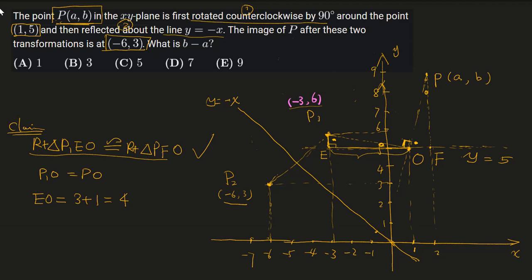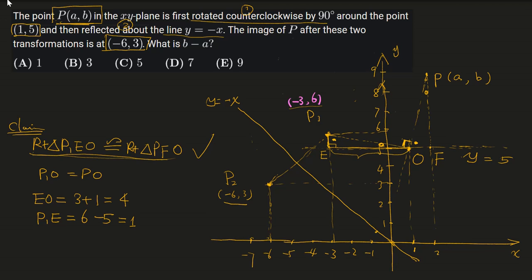That's the length of EO. And then we know that the length of P1E equals the y-coordinate of P1, which is 6, minus the y-coordinate of O, which is 5. And it's equal to 1, right?